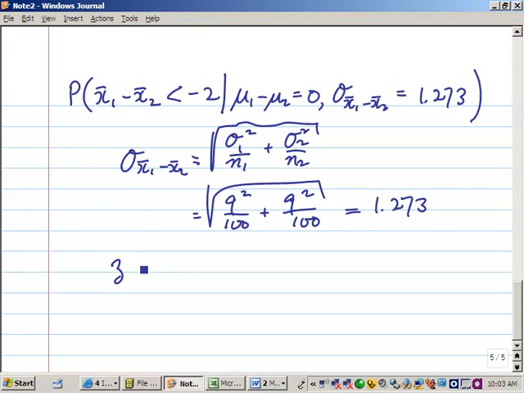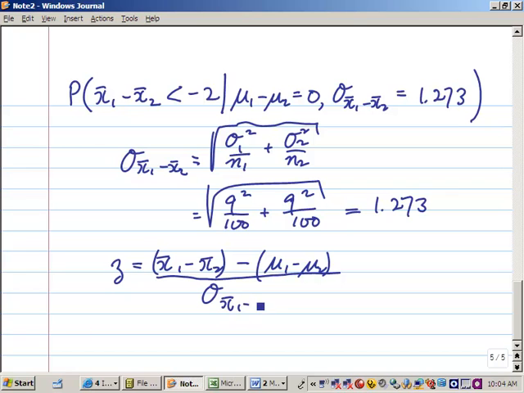The next calculation would be the z value: the limit x bar 1 minus x bar 2, minus the mean of the normal distribution of the sample differences, mu1 minus mu2, divided by the standard deviation of the sample differences.